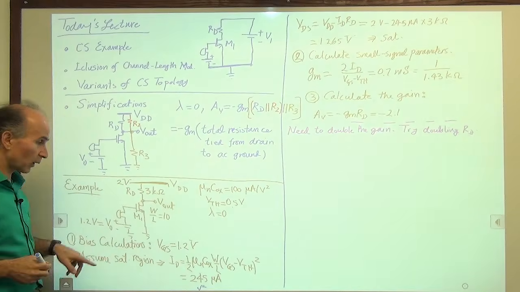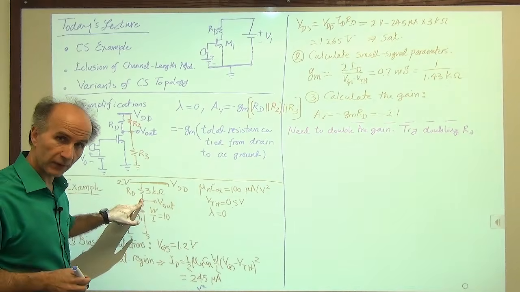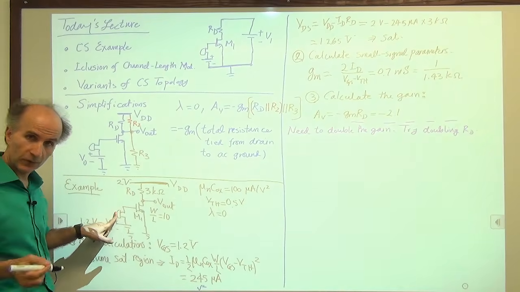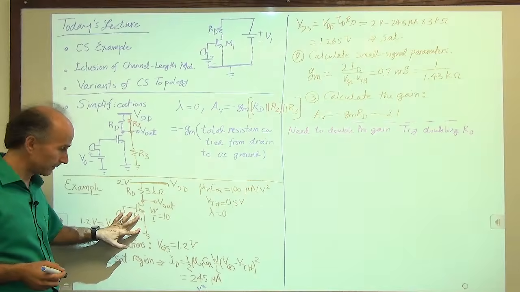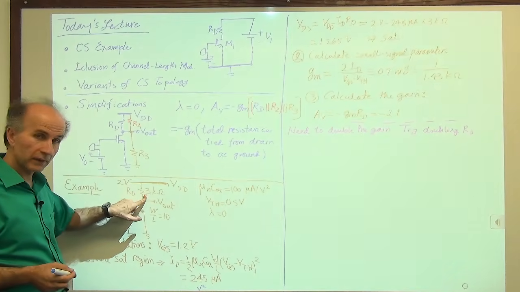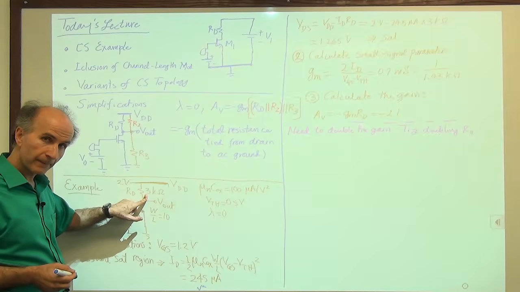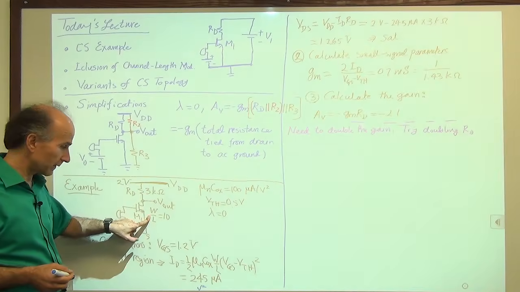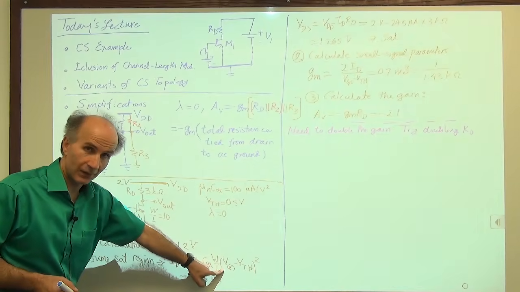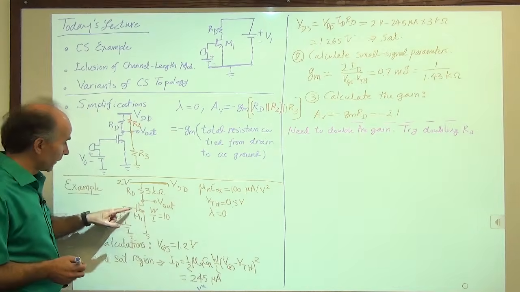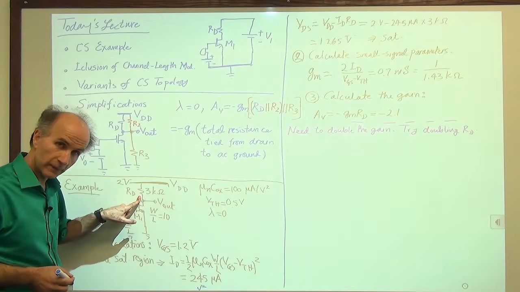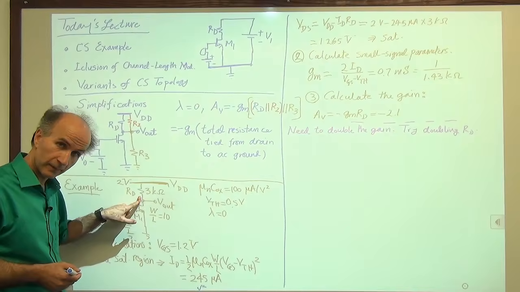Okay, so what could change when we double the resistor? VGS doesn't change. VGS is given by this battery. The microphone doesn't produce any signal. We're good there. But if this resistor doubles and the current is still 245 microamps, because we're thinking this equation hasn't changed, then the voltage across this resistor, the DC voltage, doubles.